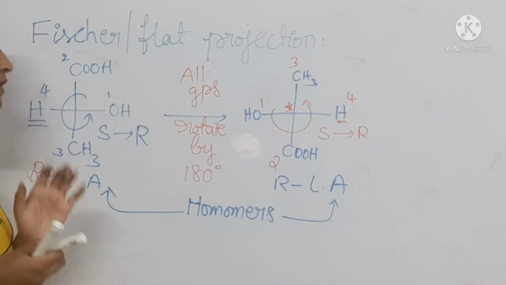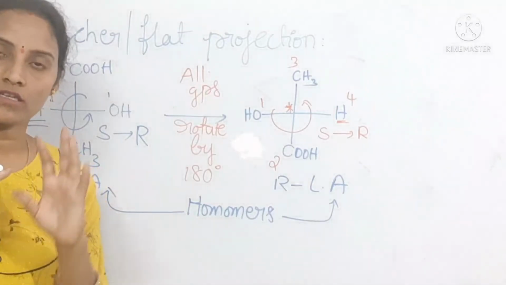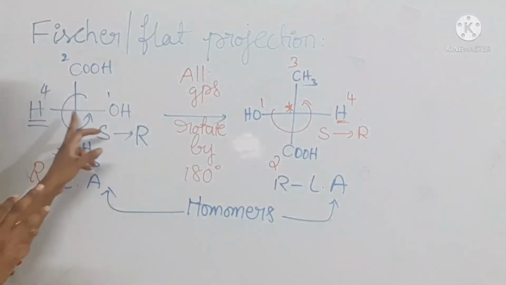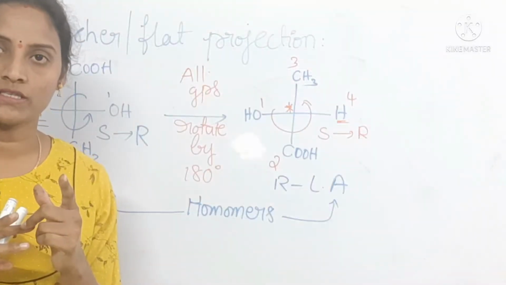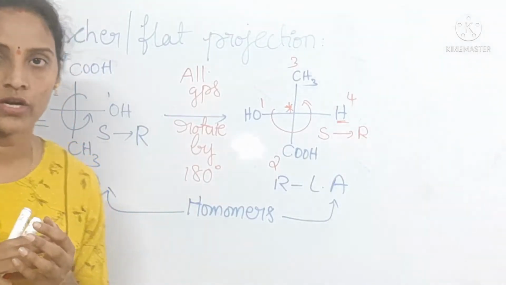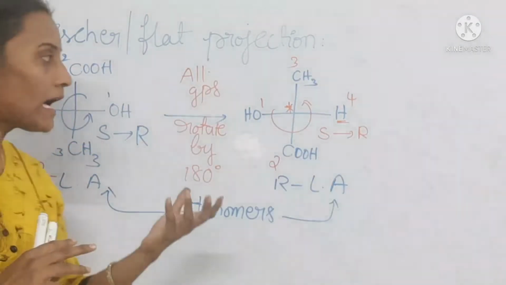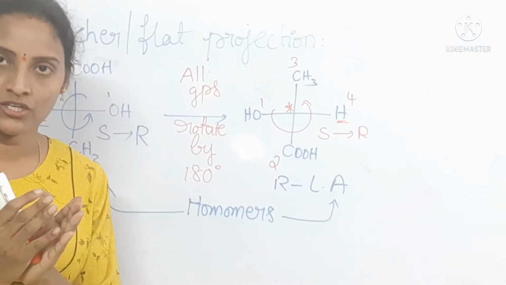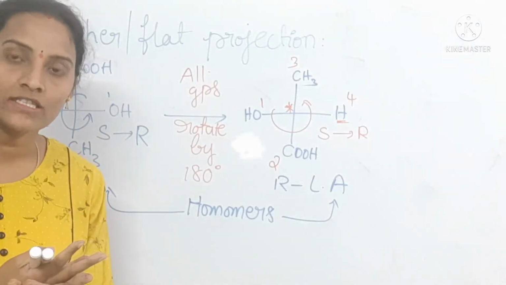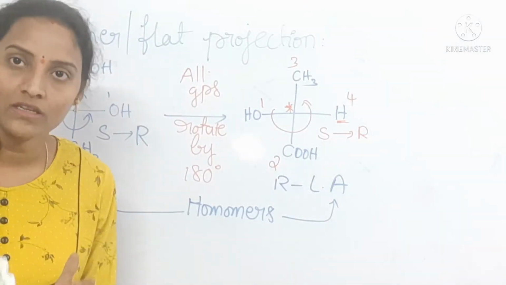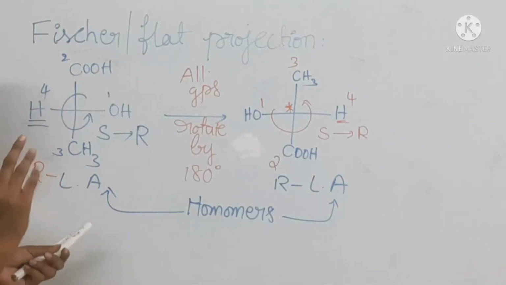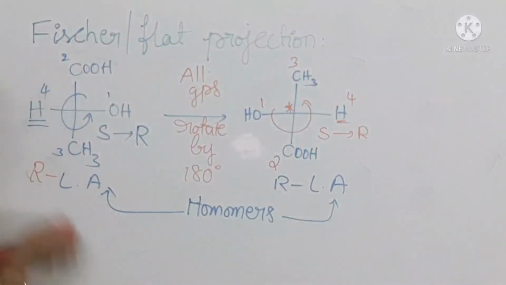Homomers are isomers which have, see here only one chiral center is there, the same configuration. Those are nothing but homomers.